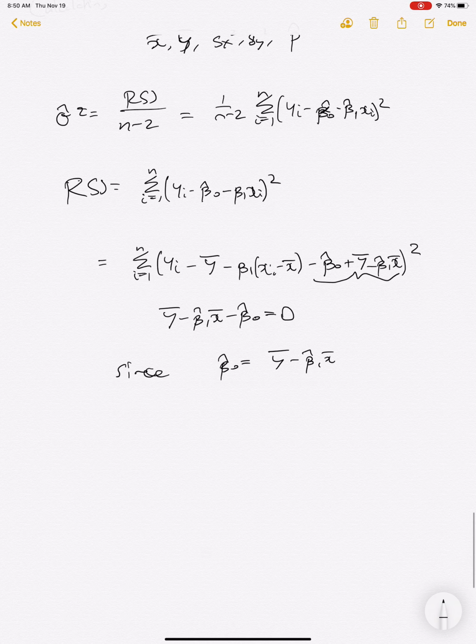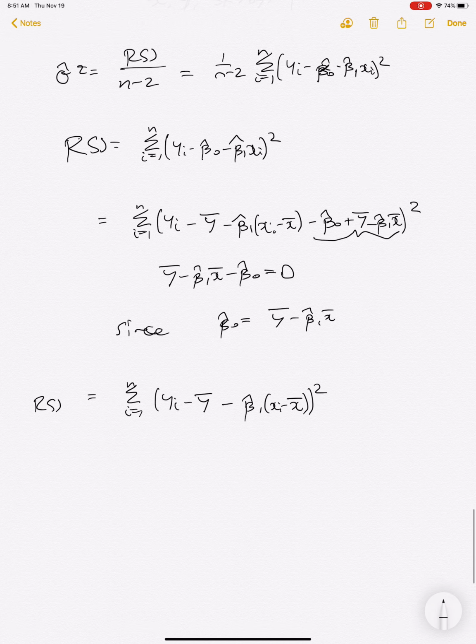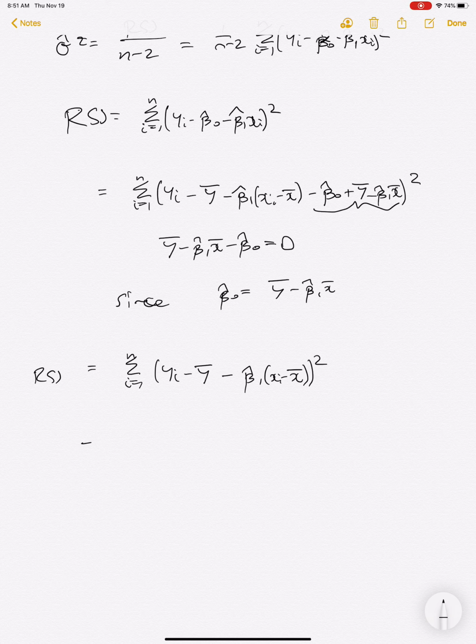What this means is that the whole residual sum of squares starts to look a lot nicer in terms of quantities that we already know, and so we can now write this in this way.